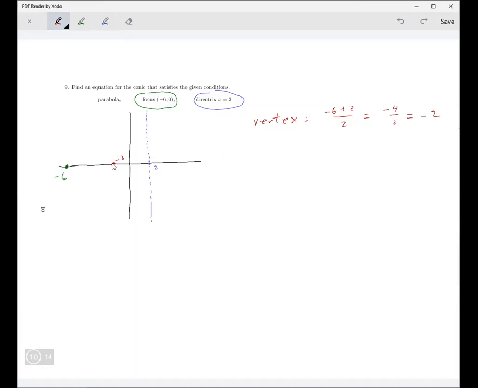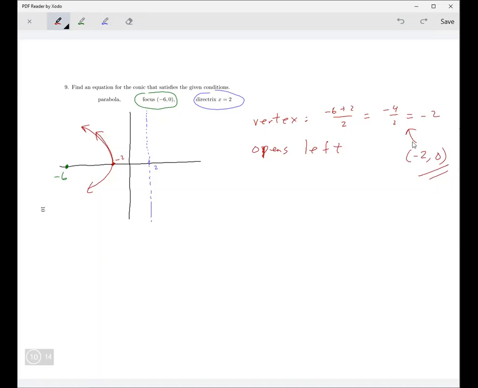We also know that it's going to open to the left, because there's the directrix and the focus. It's going to wrap around the focus like that. So it opens to the left, and the vertex is at -2, 0. Those are the coordinates of the vertex.